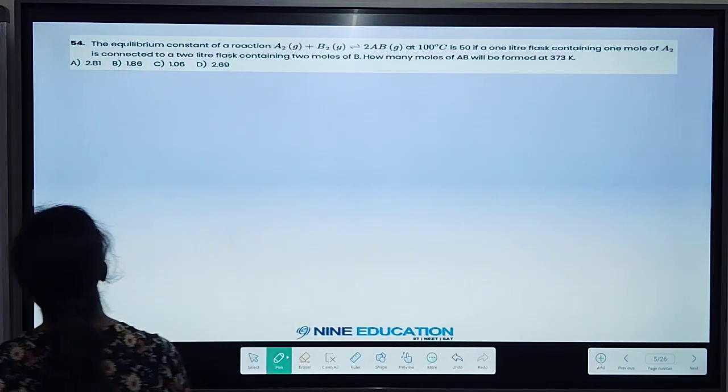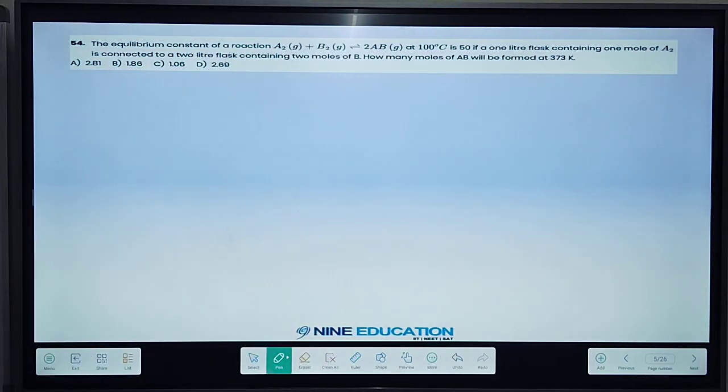Next we have question number 54: the equilibrium constant of a reaction A2 plus B2 giving 2AB at 100 degrees Celsius is 50. If a 1 liter flask containing 1 mole of A2 is connected to a 2 liter flask containing 2 moles of B2, how many moles of AB will be formed at 373 Kelvin?